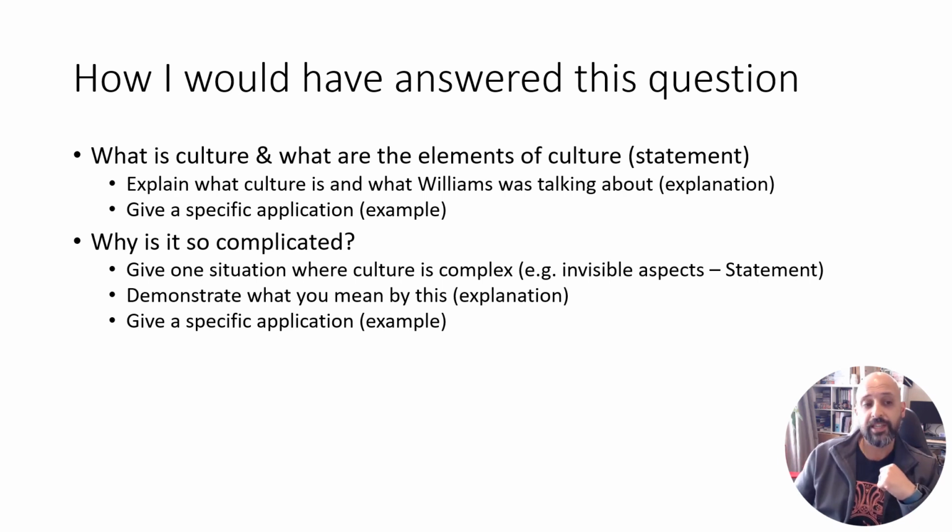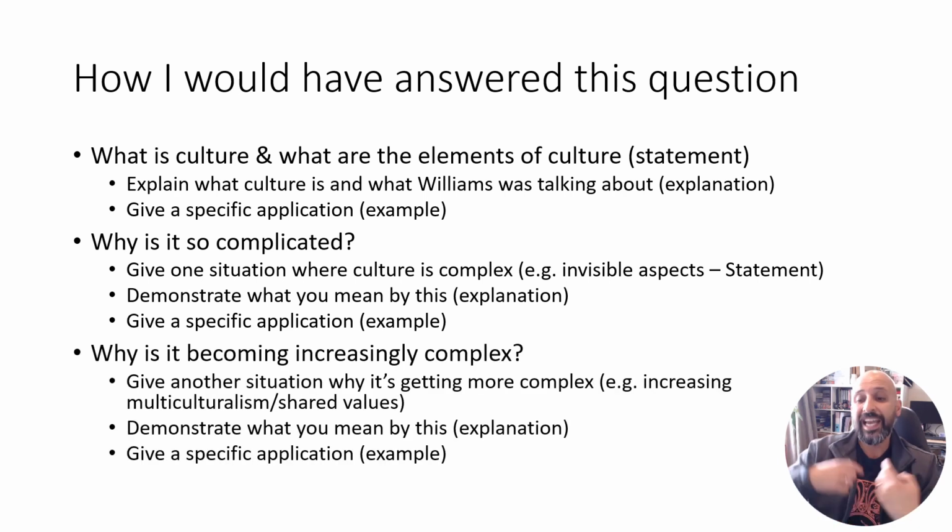Now, the final step for me is where you start going and do another example. Give me another situation where culture is more complex. Why is it becoming more complex, maybe? Show me why culture has evolved over the millennia. Give another situation why it's getting more complex. So I would have answered something like, this is only going to get harder, this is only going to get worse because we have increasing multiculturalism in New Zealand.